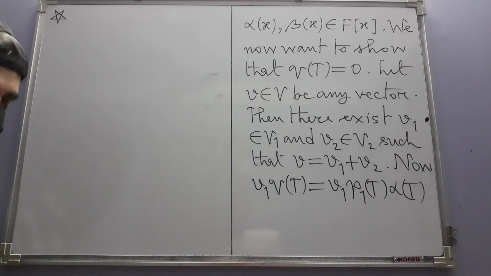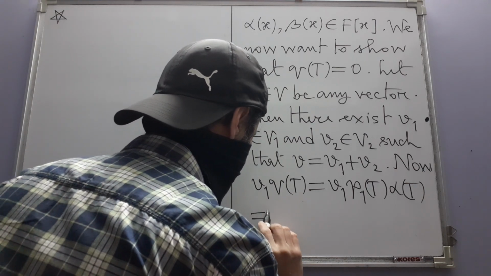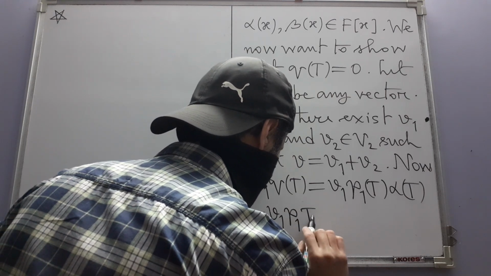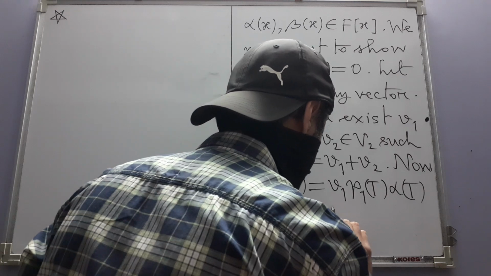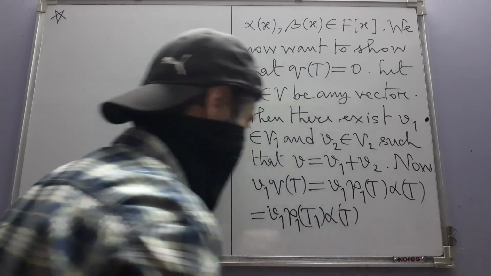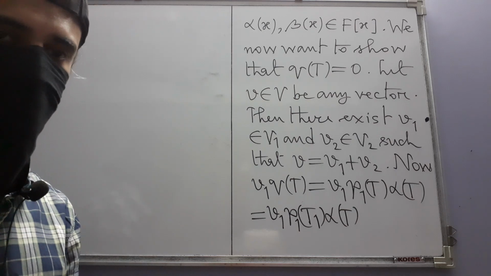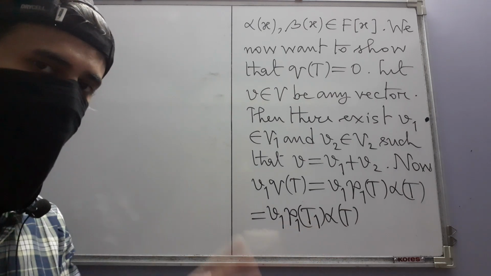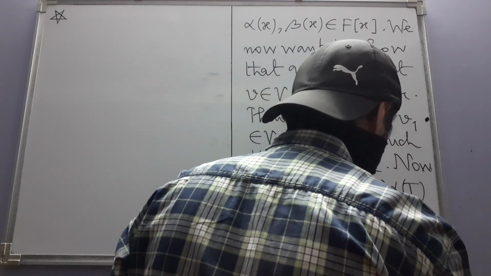Because of this fact, you can actually write this as V1 P1 of T1 by again that first observation. But P1 is the minimal polynomial for T1. So P1 of T1 is the zero operator on the subspace V1. And that is how you get 0 here.